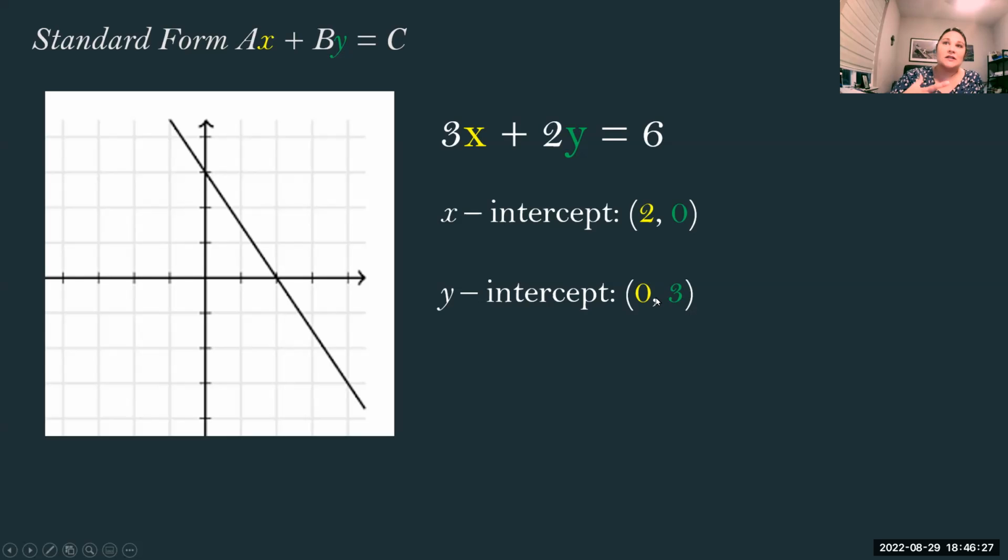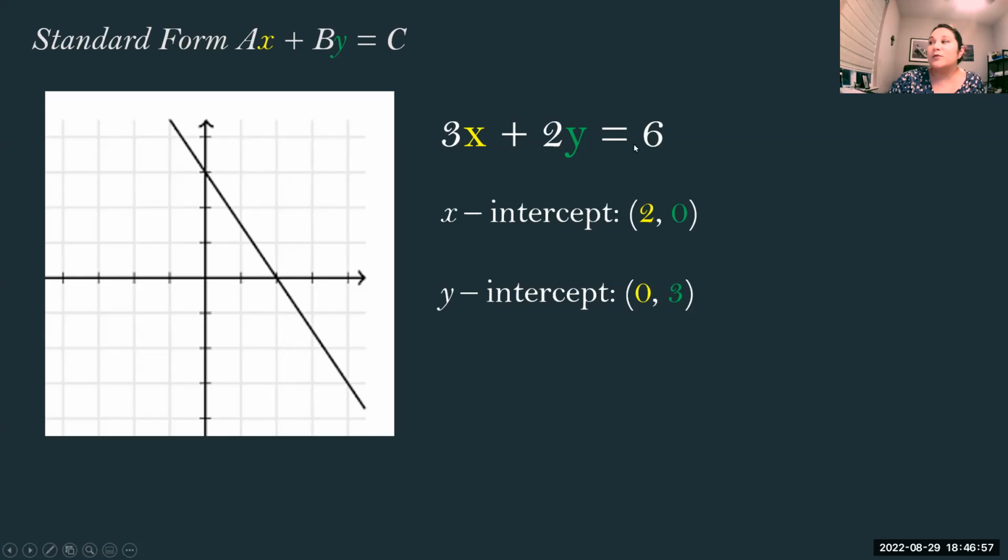Those are the things that I was doing in yesterday's video, and the video from last week as well, where I was letting x be 0 and solving for y, and letting y be 0 and solving for x. But if you look at this number 3 and this yellow x, you see what the x-intercept ended up being was 2, and 3 times 2 makes 6.